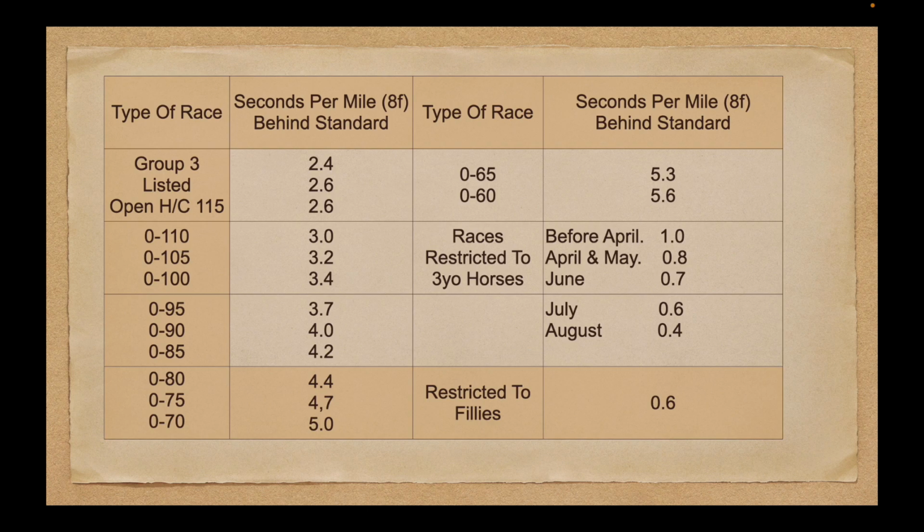But if it was a 3-year-old running in July, you can also add 0.6 seconds to this. So the actual time of the race being allowed will be 4 seconds slower. And then we've also got fillies, who would also be 0.6 seconds slower over a distance of a mile. All these figures are per mile, 8 furlongs.